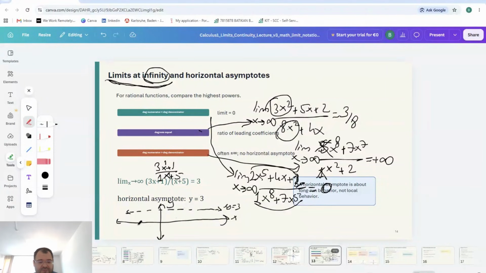At which point is our function crossing the x-axis? We need to solve this. We have the function f(x) equals 3x plus 1 divided by x plus 5. In order to cross the x-axis, y must be 0. So 0 equals 3x plus 1 divided by x plus 5.